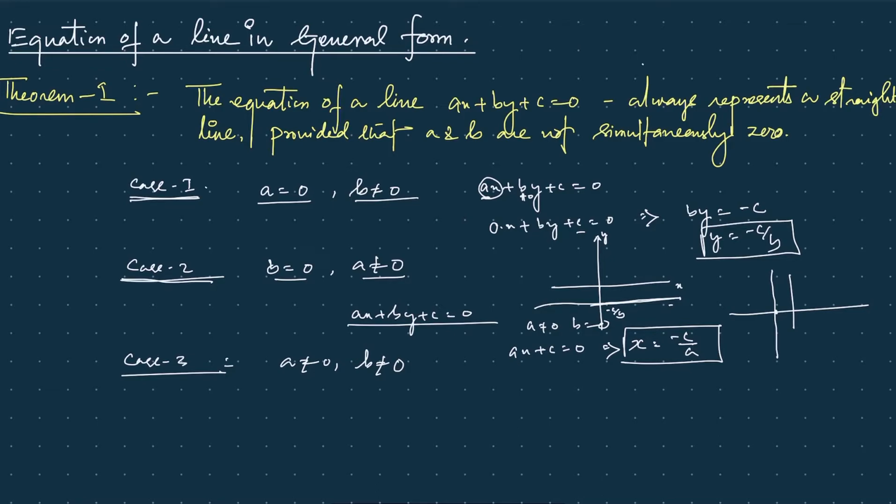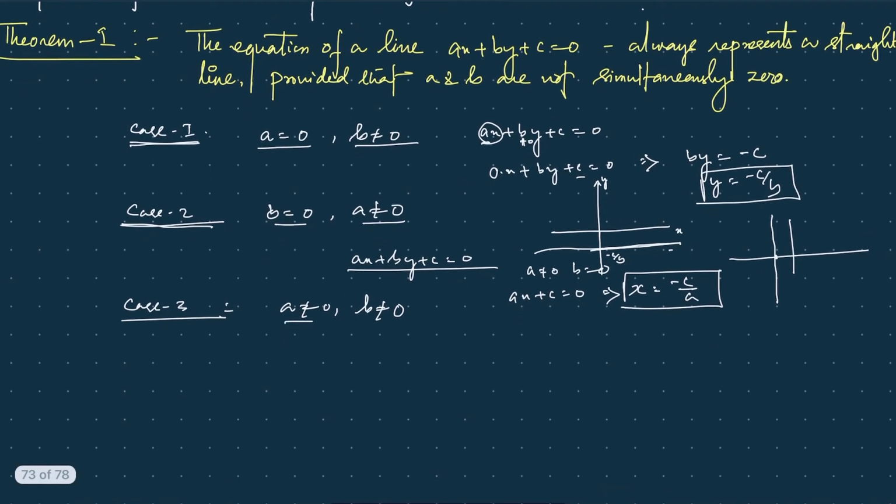Now, if a is not equal to 0 and b is not equal to 0, then ax plus by plus c equal to 0. Can I write it like this? ax plus by is equal to minus c. Now can I bring this minus c to the left hand side, so that it divides each term of the left hand side? It is going to be ax divided by minus c plus by divided by minus c equal to 1, right?